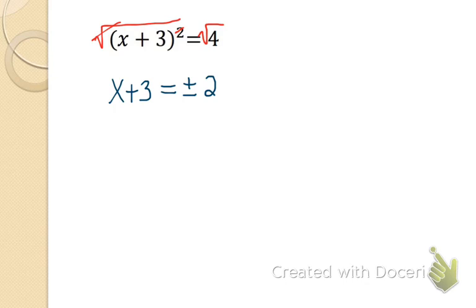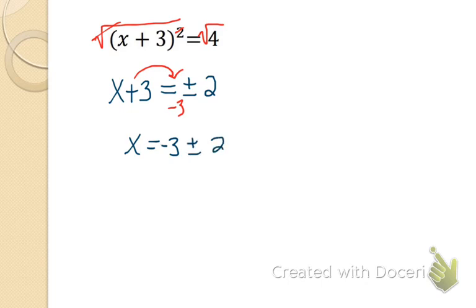We are still trying to solve for x, trying to get this x isolated. So we have to move the 3. We're going to subtract the 3, and we're going to have x is negative 3, when we move it over, plus or minus 2.